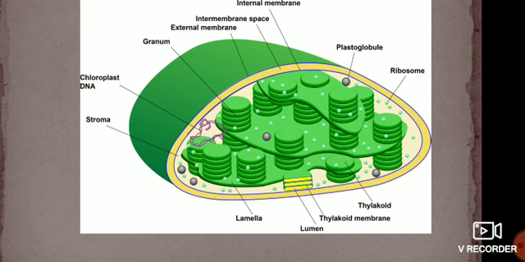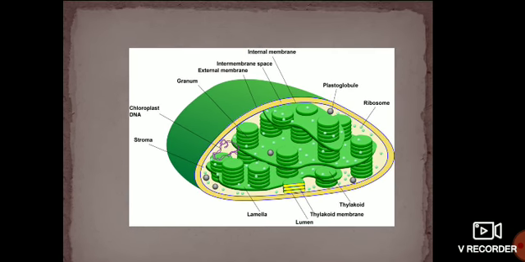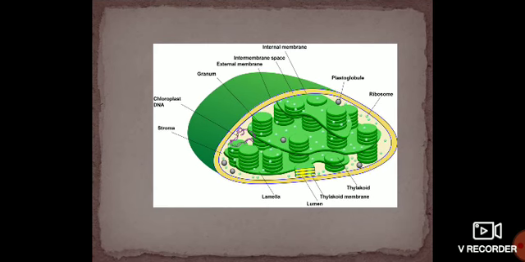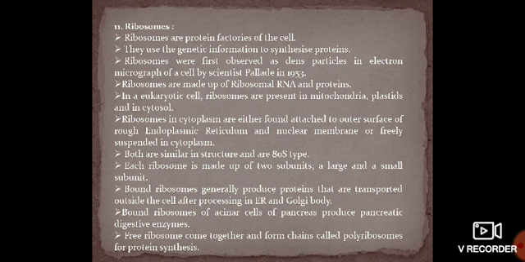And the grana and the outer stroma both help in the function of photosynthesis. In detail, photosynthesis can be studied in the next chapter, or in a higher standard. This is how the chloroplast is.